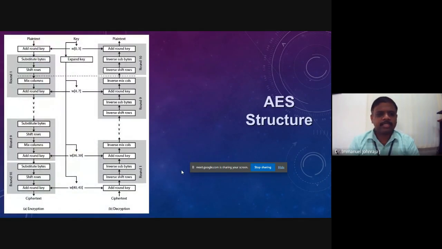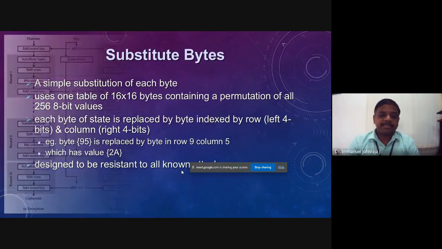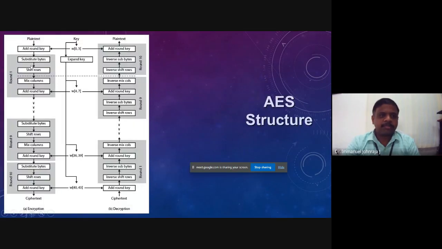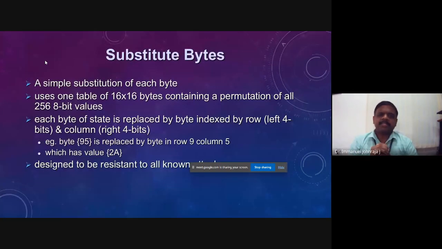Okay, moving on. Yes, this is the structure. So what happens in the case of substitute byte? This is our substitute byte operation. It is very important for us to know what's happening in substitute byte, mix columns, and shift rows. So let's look at them. In substitute byte, it is a simple substitution of each byte. A byte is taken, it is replaced by another byte. We are also using an S box.